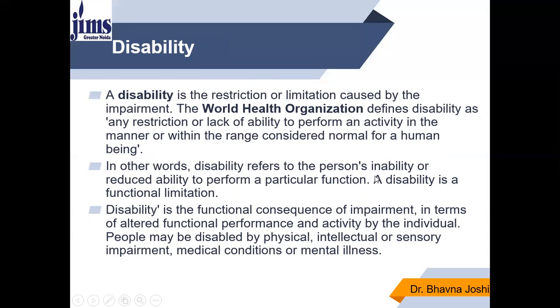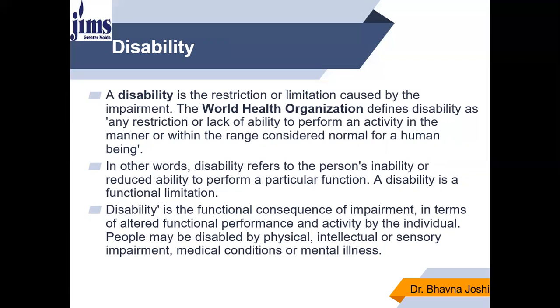It refers to a person's inability or reduced ability to perform a particular function. So basically disability is functional limitation. The person is not able to function properly. A person may be disabled physically, intellectually, or through sensory impairment or mental illness.